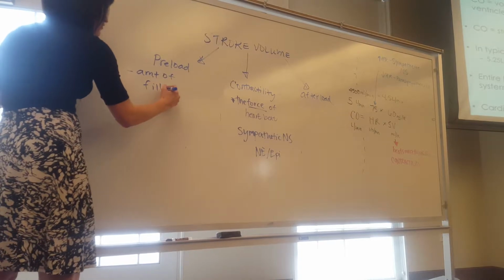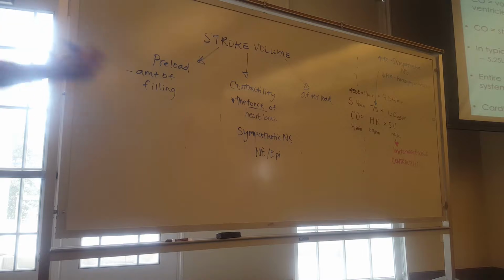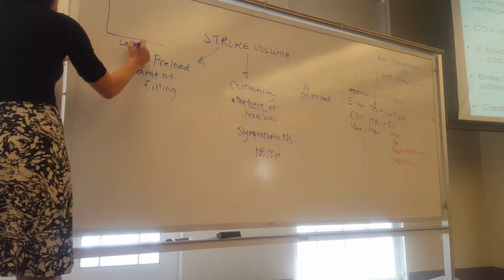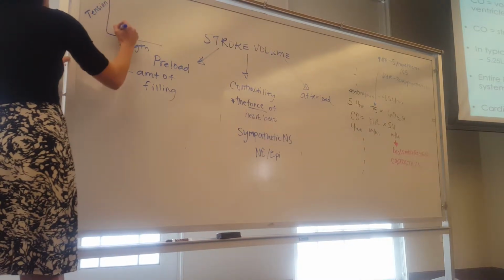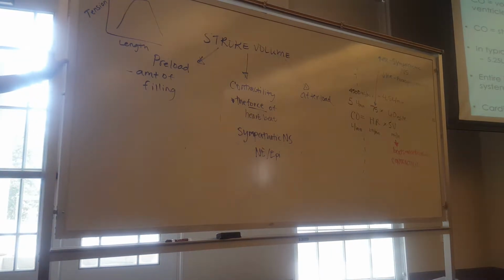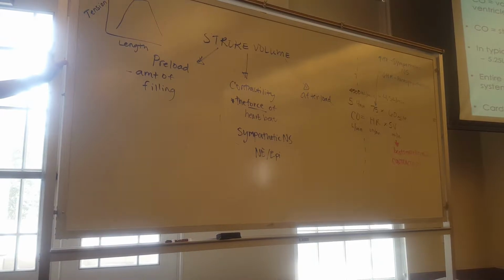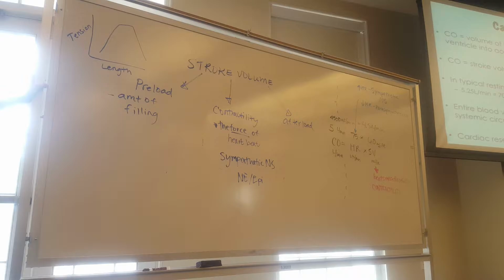Preload is the amount of filling. Do you guys remember this relationship of a muscle cell? All right, I hope that you do. Okay? So preload is based on the length-tension relationship and the optimal length of a sarcomere.